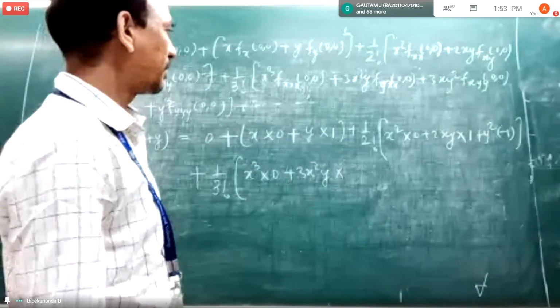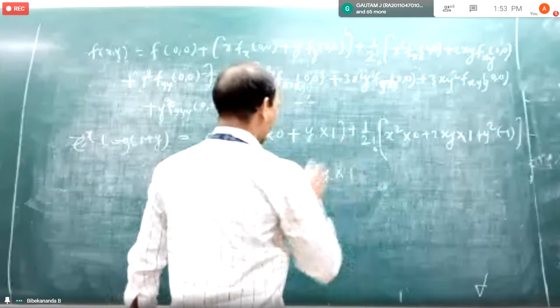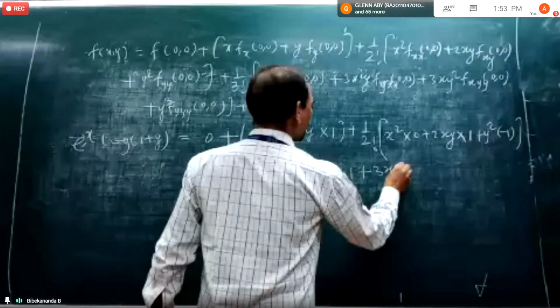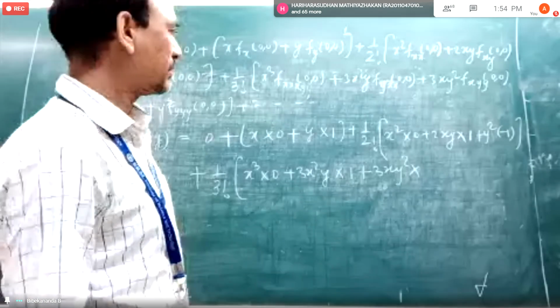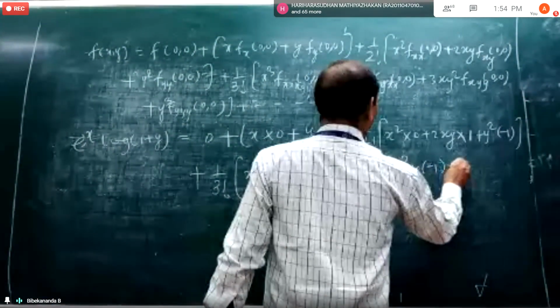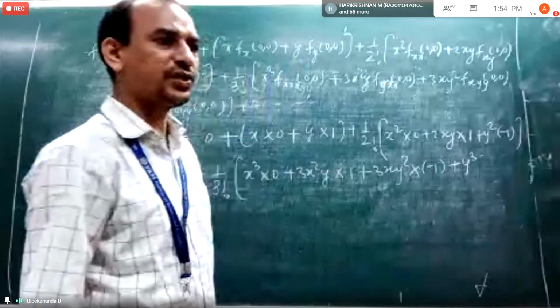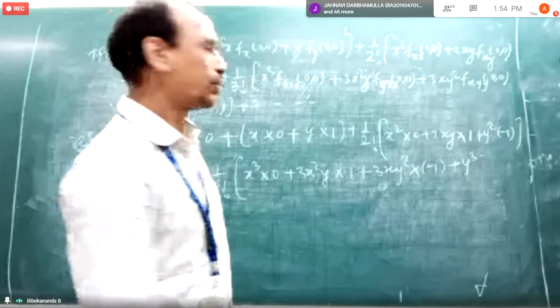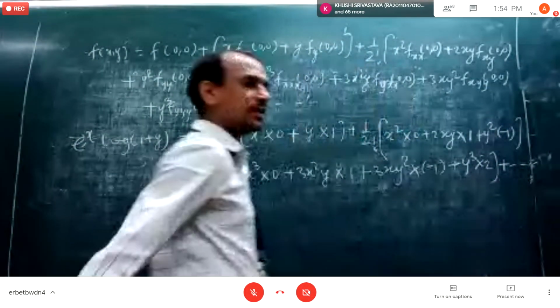It is 1. Plus 3xy square into fxyy at 0, 0, which is minus 1, plus y cube fyyy at 0, 0, which is 2. Then you give the dot sign.